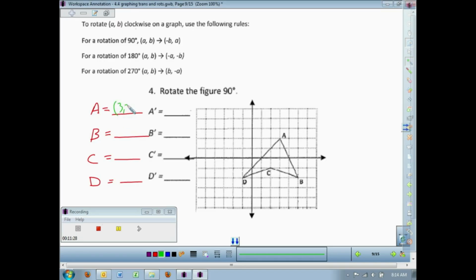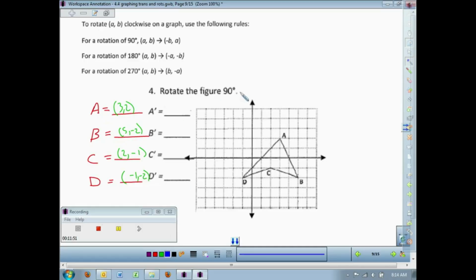Figure out where B's at. B's at 1, 2, 3, 4, 5, -2. And do that for C and D. Figure out where those points are at. And D's at -1, -2. So you've got to figure out where your original points are.